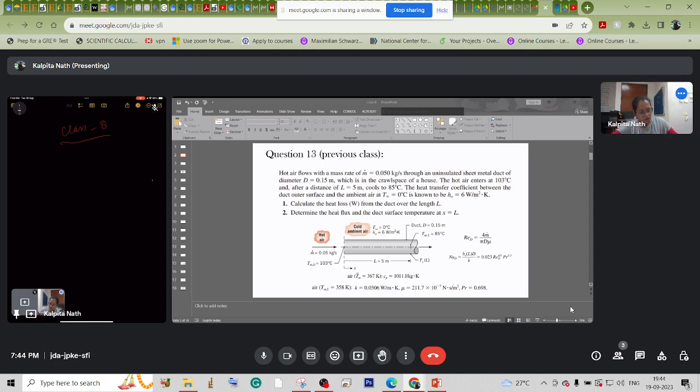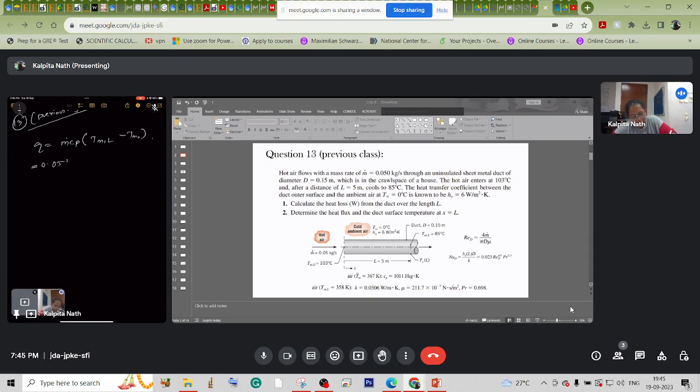Okay, so let's start with the question from the previous day, question number 13. First we have to calculate the heat loss, and for that we will use the energy balance equation. It's simple: m cp delta T, Tm at the exit minus Tm naught at the entry.